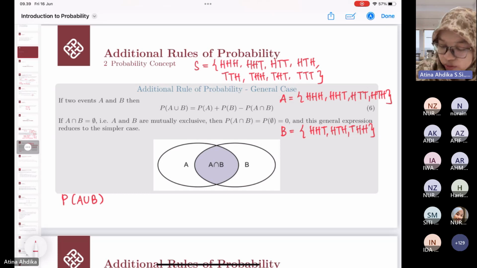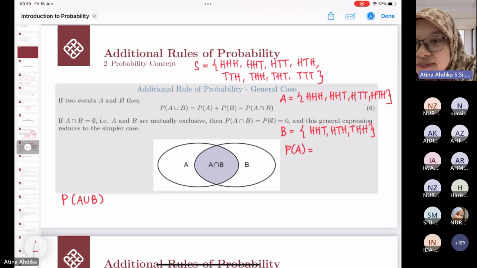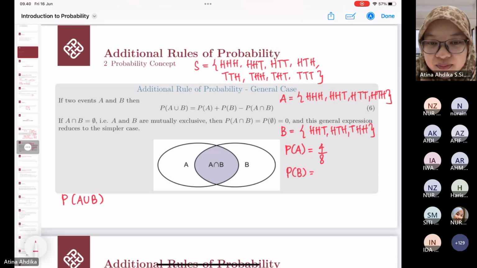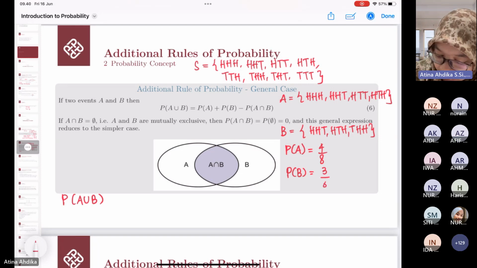First we have to calculate the probability of A. What is the probability of A? 4 over 8. Okay, 4 over 8. Then what is the probability of B? 3 over 8. Yes, 3 over 8. And the next question is, is there any intersection between A and B?